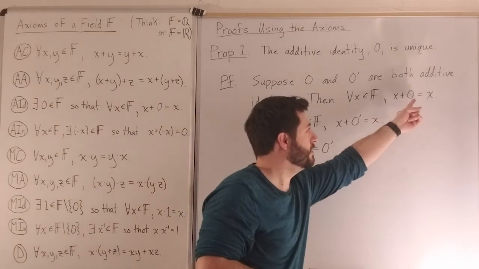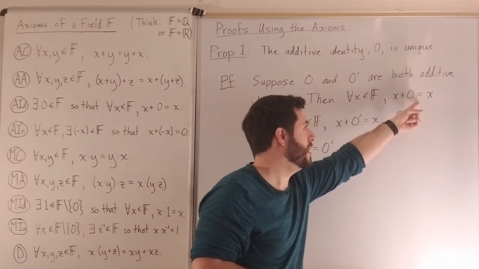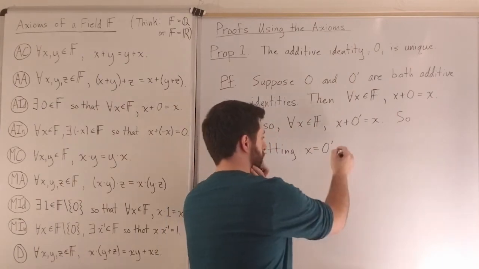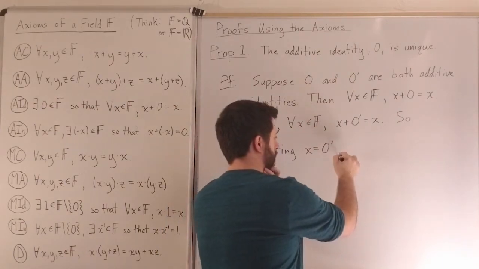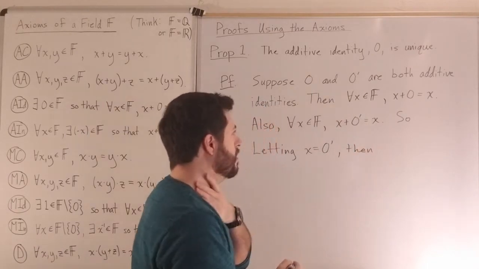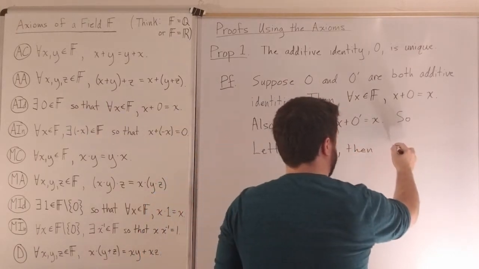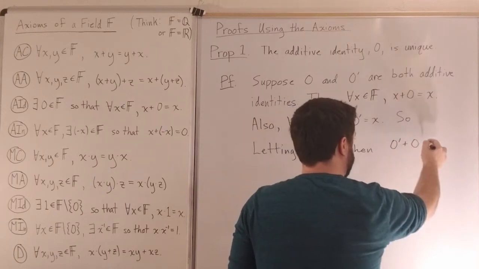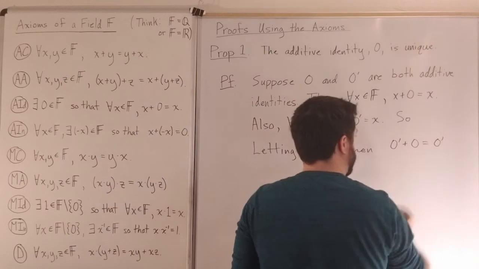This equation does not have a 0 prime in it, so I'm going to let x be 0 prime. Then x plus 0 should have to equal x.